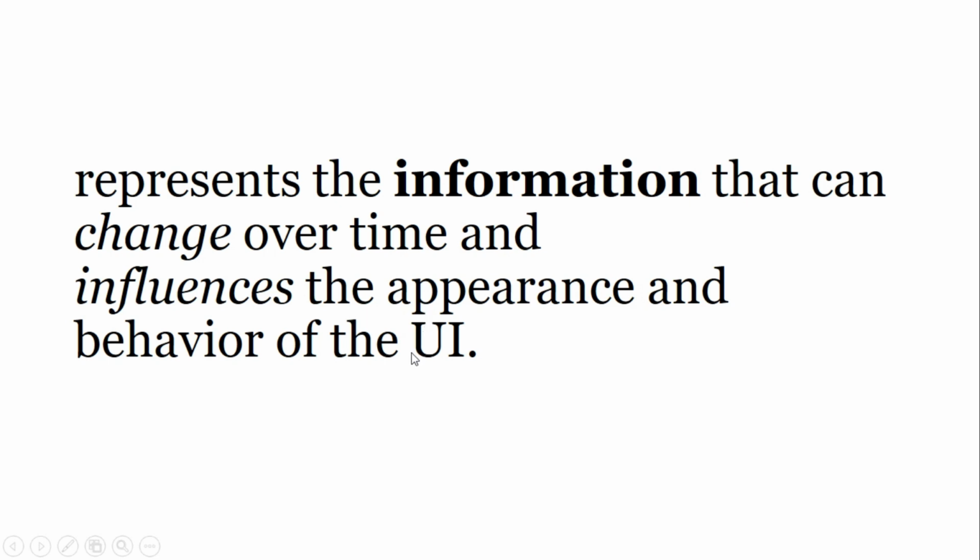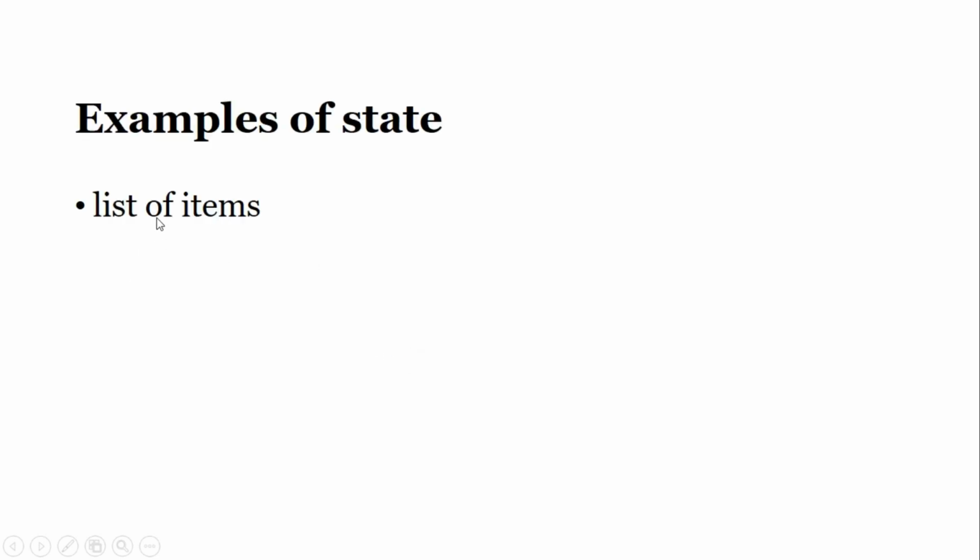And these are examples of state. Let's say, for example, a list of items. Whenever something is deleted in our list of items, we also have to make sure that it is displayed and the user can see it on the screen. This list of items changes over time because sometimes we add a couple of items, we delete a couple of items, we update a couple of items.